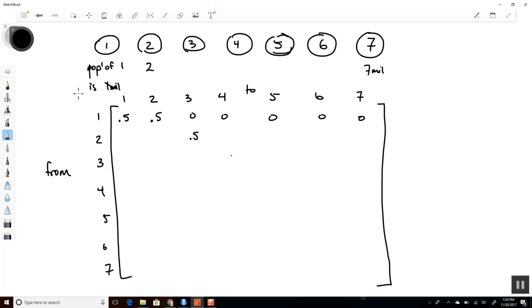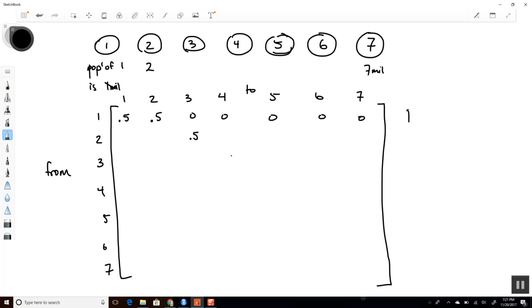Because if I flip the coin and it says go to island 3, I'm definitely going to go to island 3. If I propose going to island 1, then I might go to island 1, or I might stay put. What's the probability I would go to island 1?